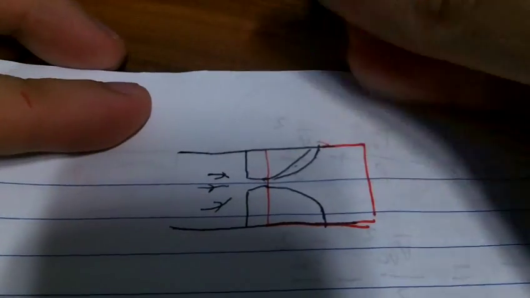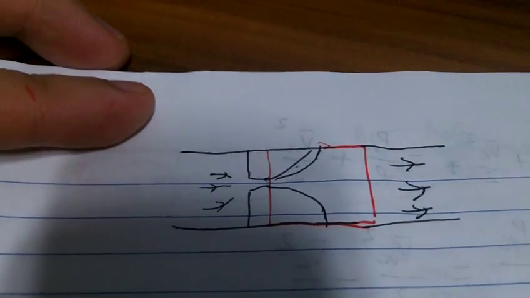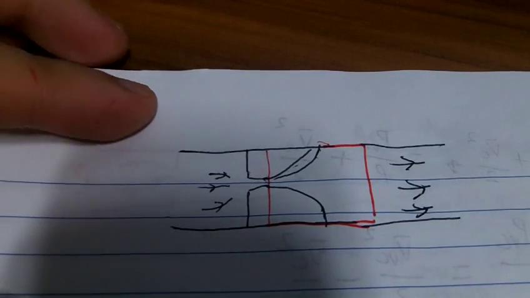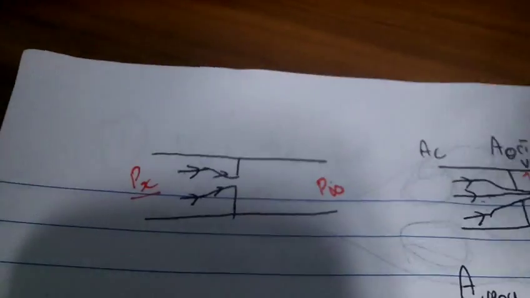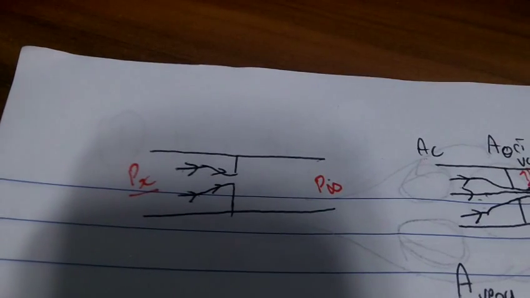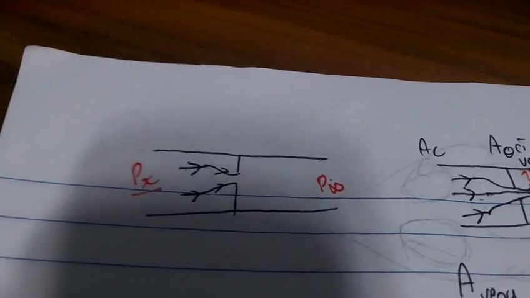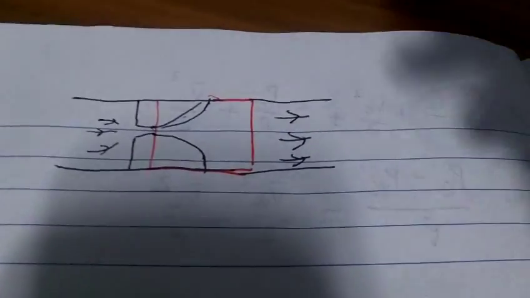The control volume will be such that here we'll have a re-established flow, and by the continuity equation we know that the flow rate here equals the flow rate here. The pressure here will be P infinity, and there'll be a pressure drop here. So we have P infinity here and the stagnation pressure here.